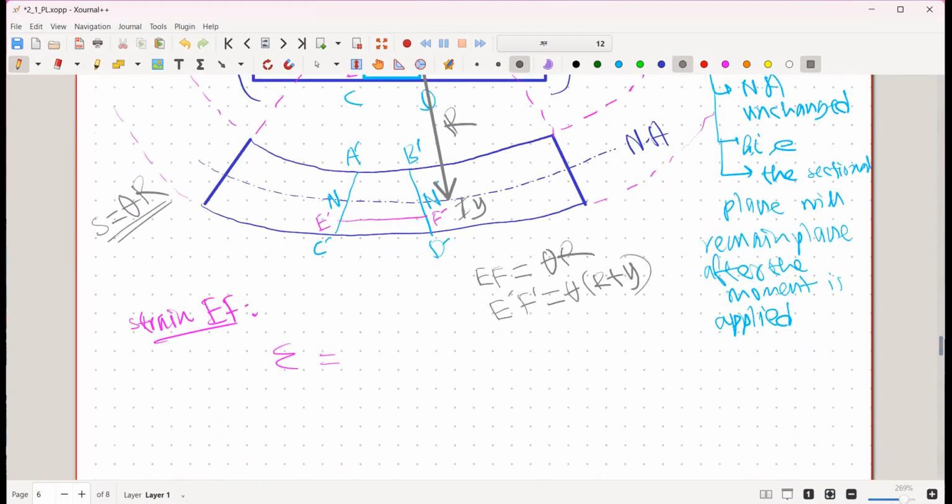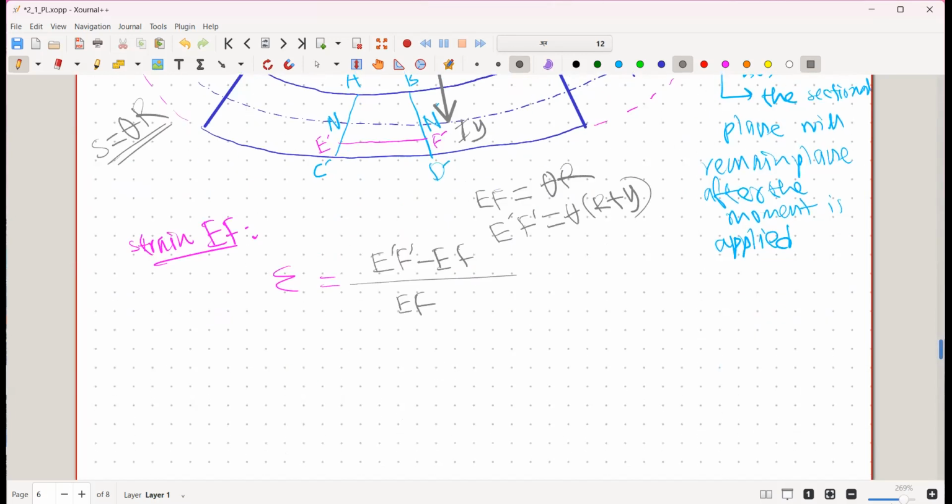If we remember the formula of strain, we can write simply the change in length, that is E dash F dash minus EF, over EF. Let us put the values: theta times r plus y, minus theta r, over theta r.